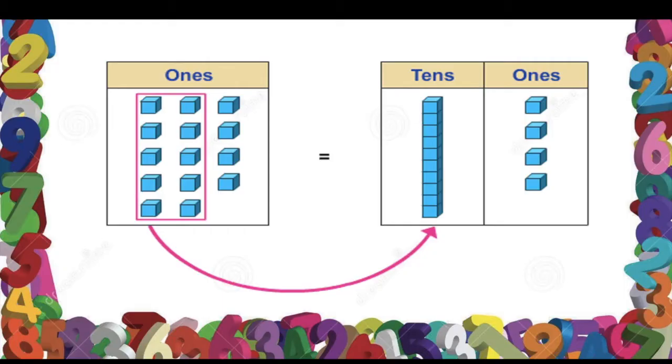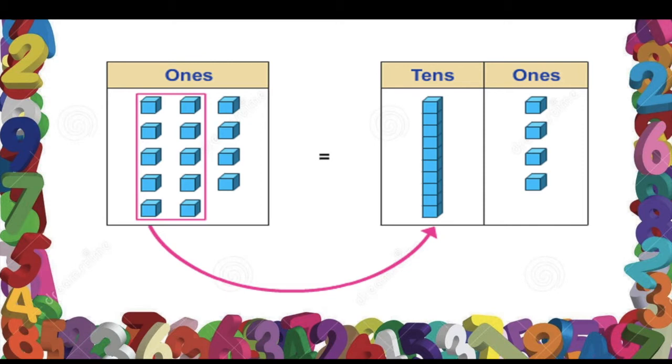By seeing this picture, what do you understand? Let me explain. In the ones place, we have 1, 2, 3, 4, 5, 6, 7, 8, 9, 10, 11, 12, 13 and 14. In the ones place, we have 14 blocks.